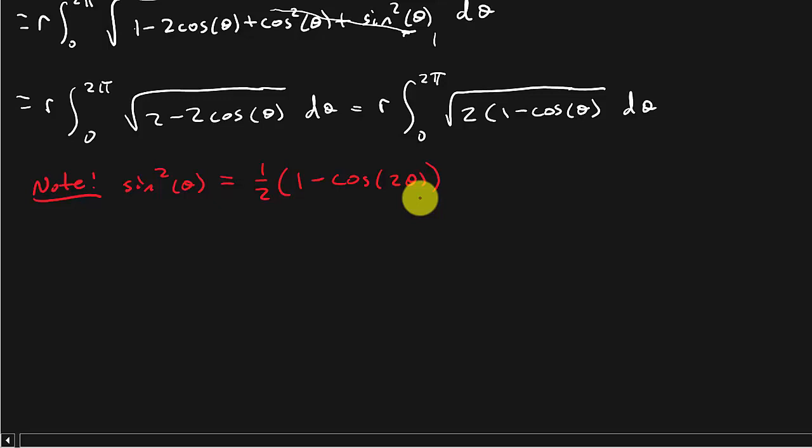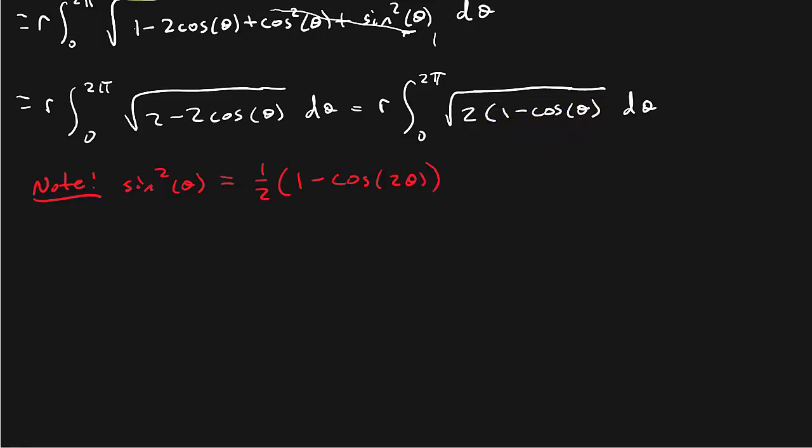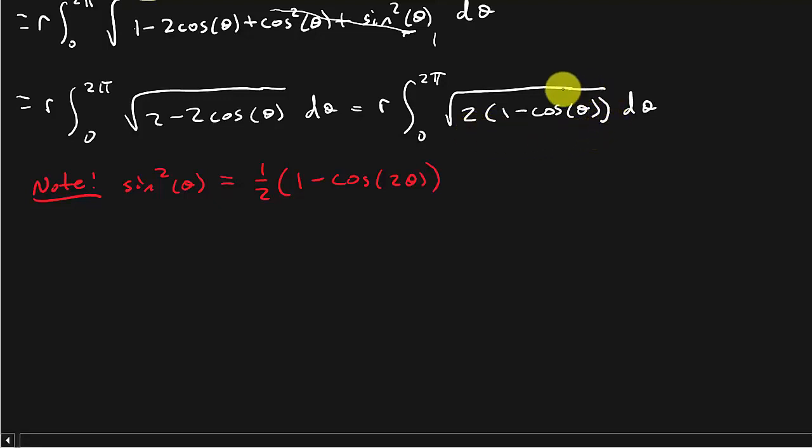So what made me think of that? Well, this 1 minus cosine theta looks a lot like that right there. And I knew that this is sine squared.